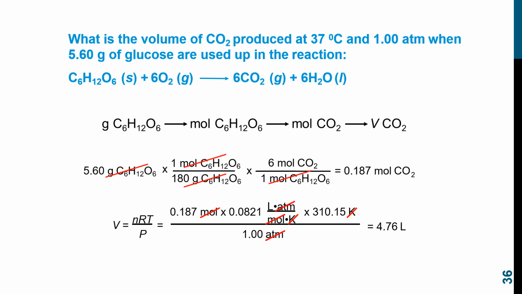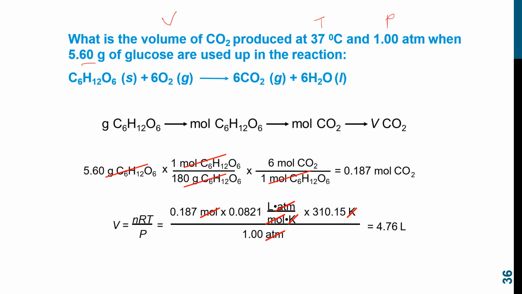Look at the example. What is the volume of carbon dioxide produced at 37 degrees Celsius and 1 atm when 5.06 gram of glucose are used up in the reaction? So you have to calculate the volume of carbon dioxide. So we have temperature here 37 degrees Celsius and pressure is 1 atm.